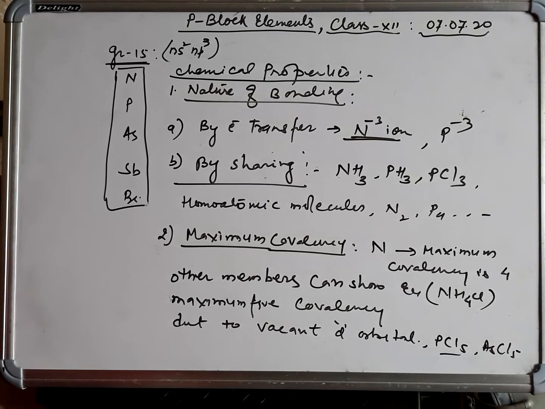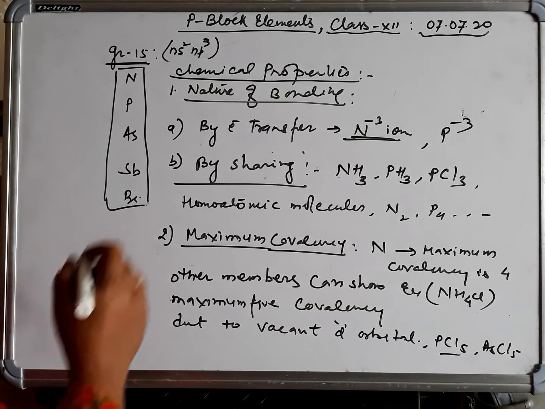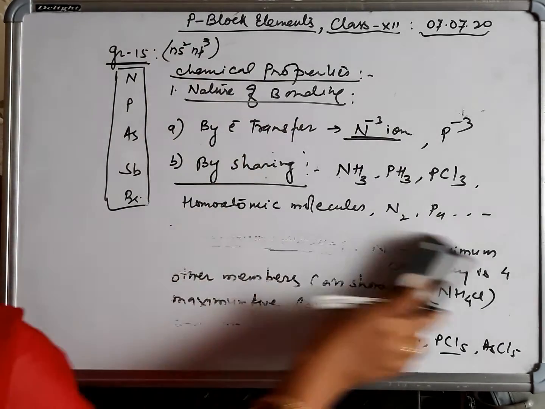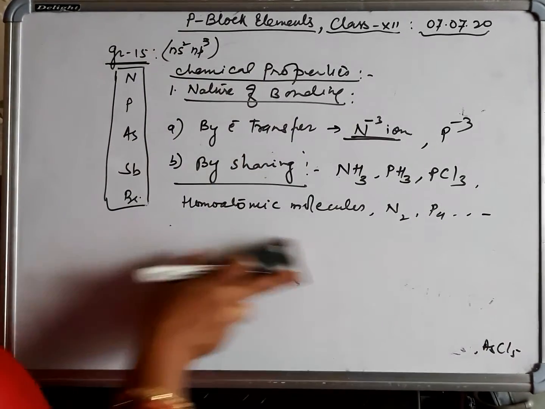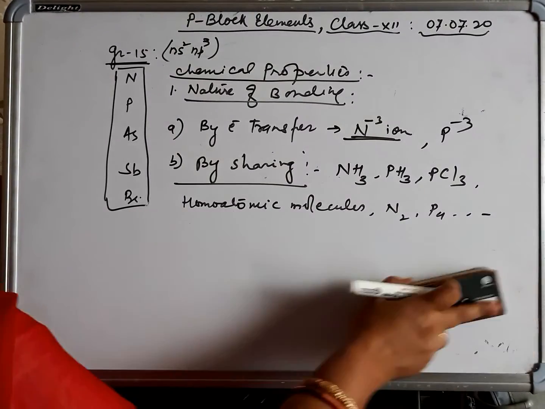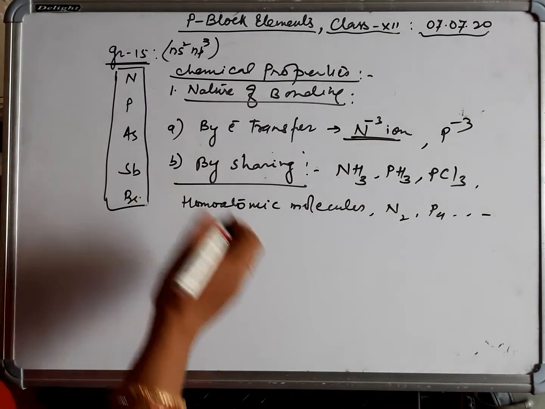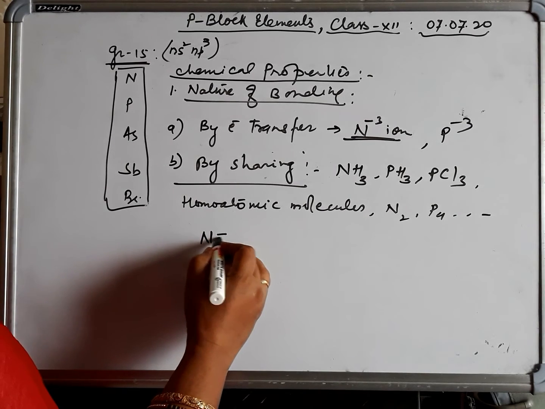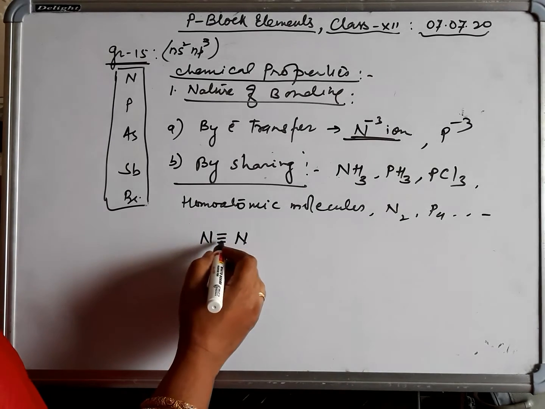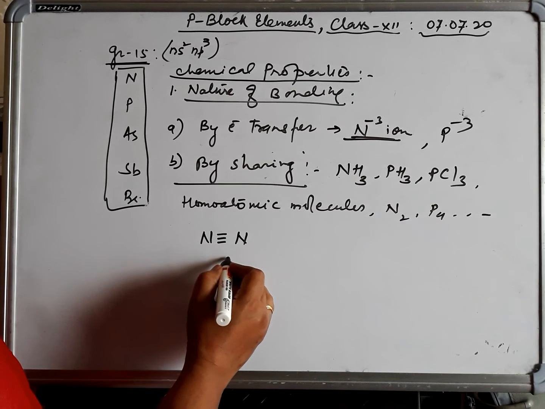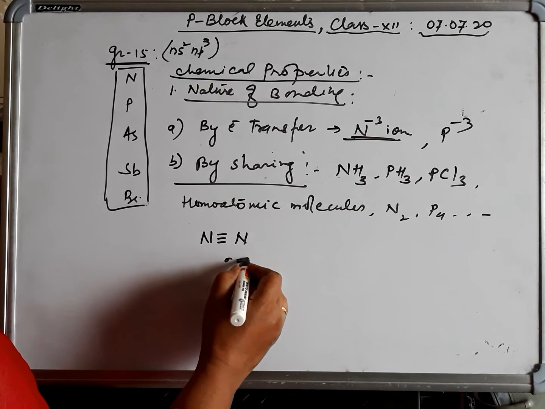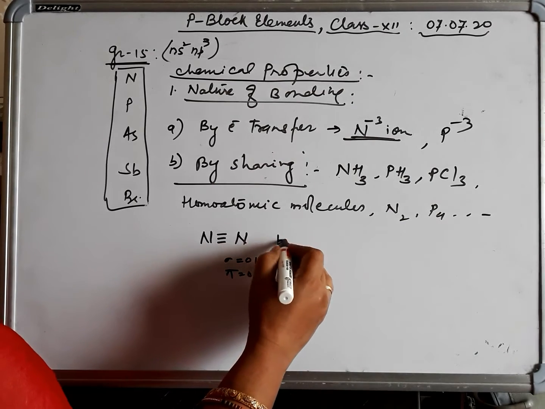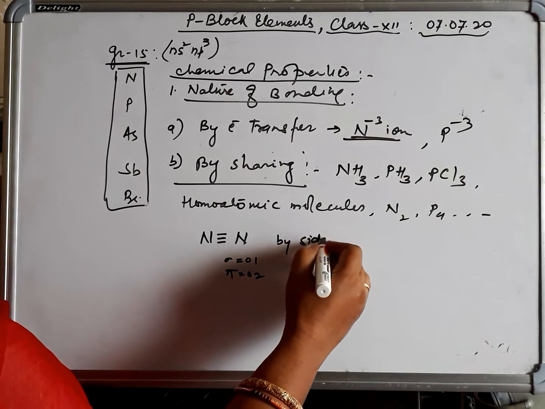Apart from this, the orbitals can be involved in multiple bonding by side-wise overlapping. Nitrogen can form a triple bond, 1 sigma and 2 pi, by side-wise overlapping.